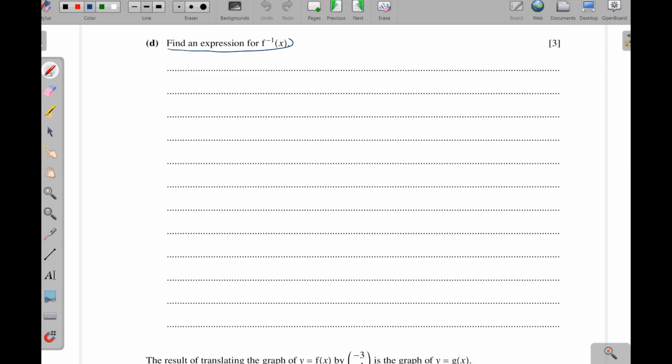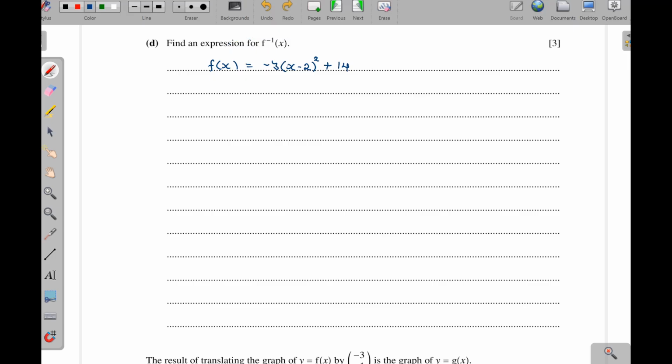But find an expression for the inverse. Now, for any quadratic function, you cannot find its inverse unless it is expressed in the completed square format. So our f of x is equal to negative 3 into x minus 2. So that is why in part A, they first tell us to put it in this format, because later on they are going to ask you to find the what? The inverse, okay?